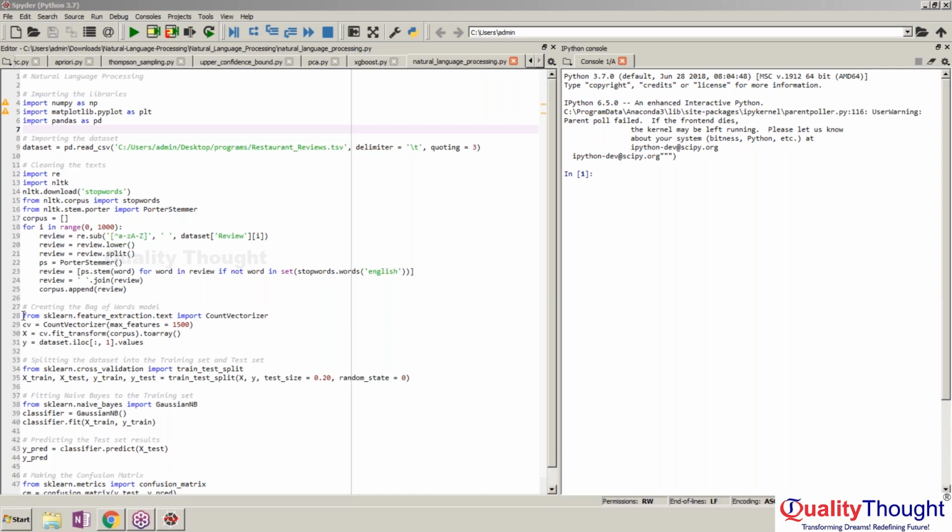This program clearly defines the work of stop words, understanding the stop words. So picking up only the stop words from the respective reviews is very much important, I feel. So here, this is what we have done.